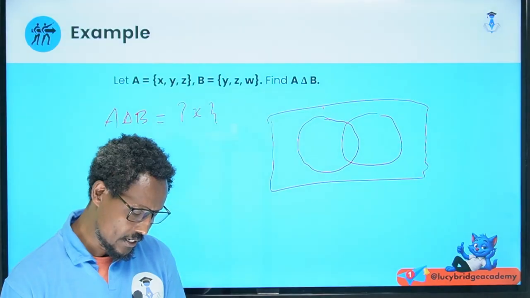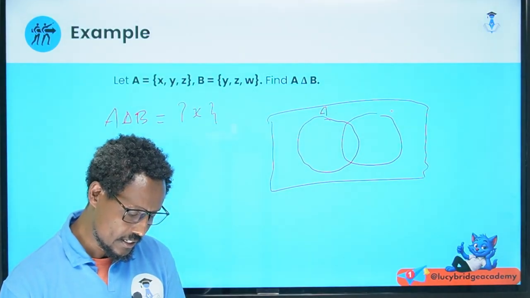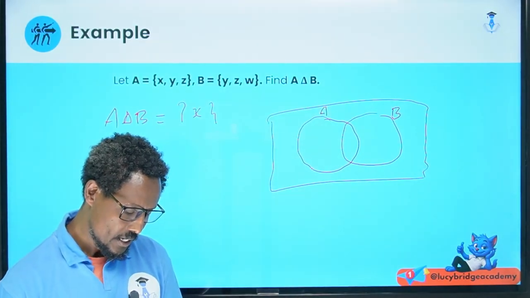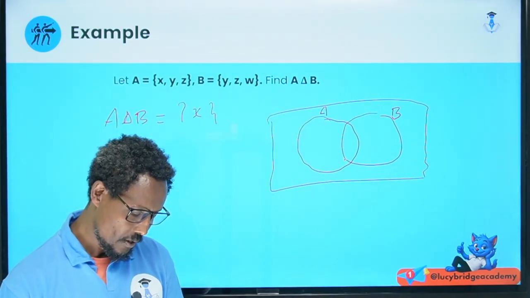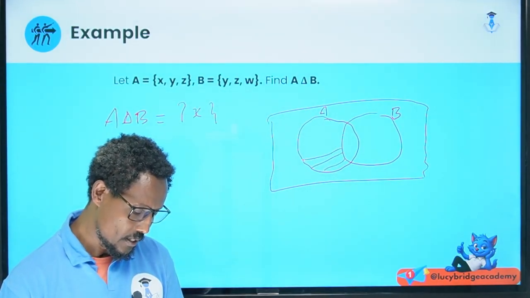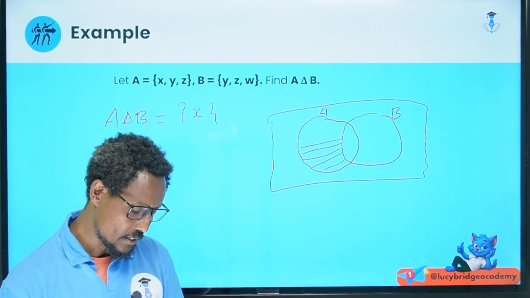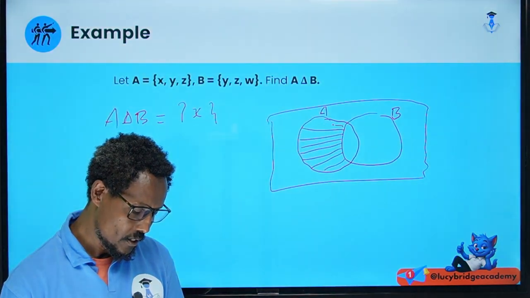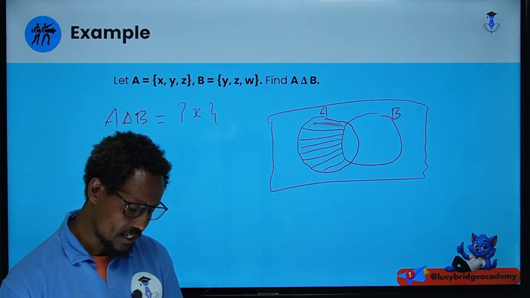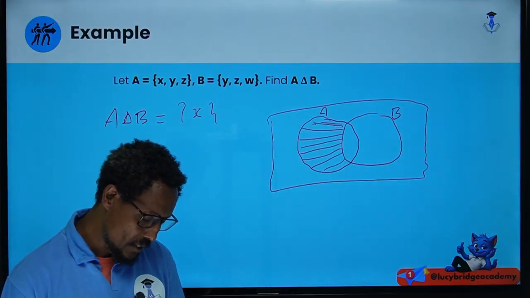The first circle represents set A, the second circle represents set B. Now, look at this shaded part. This part is A minus B, all right?